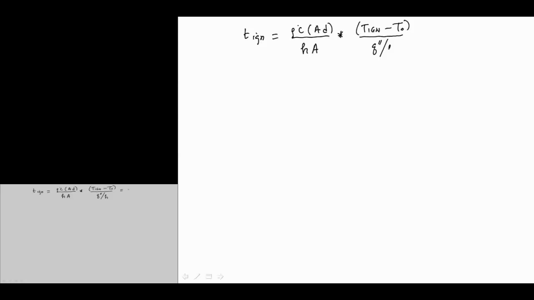So we get rho C d times (T_ignition minus T0) over q triple prime, over q double prime external. Okay, so that's what we get.